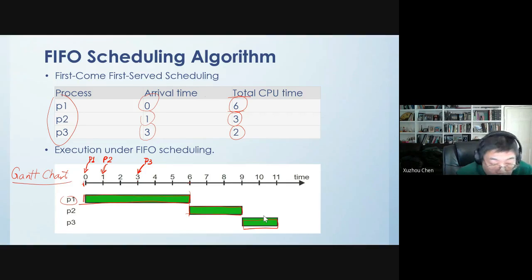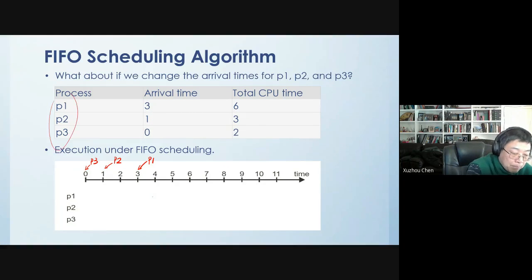Now, let's take a look at a similar problem, but I'm going to slightly change the order of arrival time. I still have the same 3 processes, P1, P2, P3, with total CPU times 6, 3, 2. But I'm going to make process 3 arrive first, process 2 arrive second at time 1, and process 1 arrive at time 3.